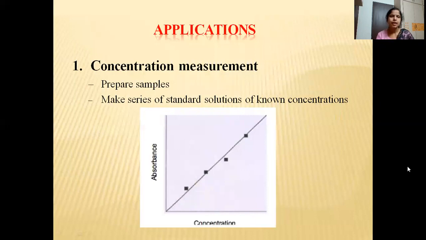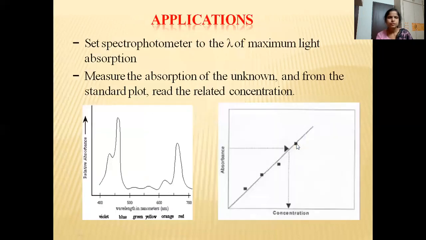Then we'll look at the applications. The first is concentration measurement. We have seen how to find the concentration with iron. First prepare the standard samples, and then draw the graph, and we will get the calibration curve. Then the absorbance has to be measured for the unknown sample, and it has to be plotted here.